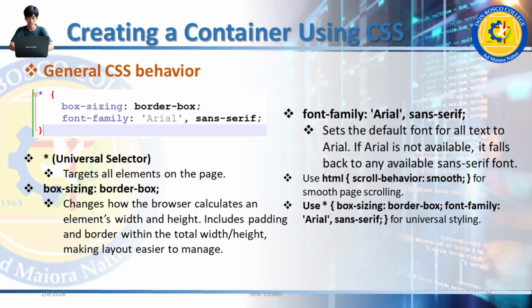The declaration font-family: Arial, sans-serif sets the default font for all text to Arial, and if Arial is not available, it falls back to any available sans-serif font. In summary, you can use html, scroll-behavior: smooth to enable smooth page scrolling, and asterisk, box-sizing: border-box, font-family: Arial, sans-serif for universal styling of all elements.